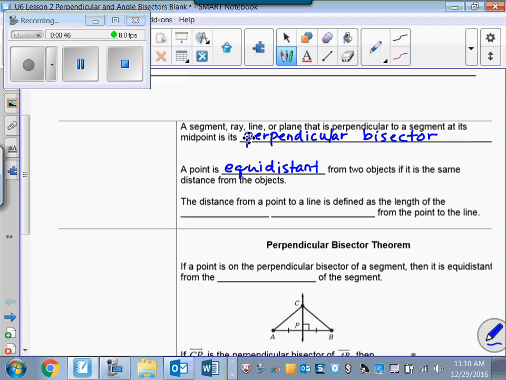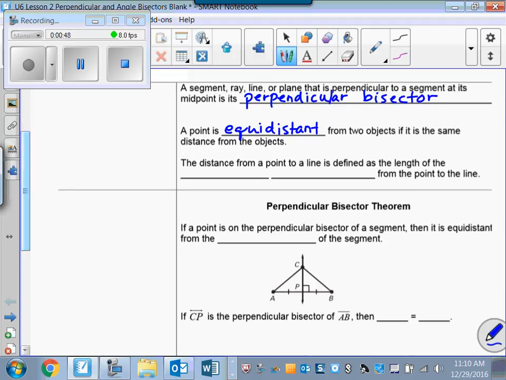And finally, the distance from a point to a line is defined as the length of the perpendicular segment from the point to the line. So that may be a little confusing, but we'll see how this plays out here in just a minute.